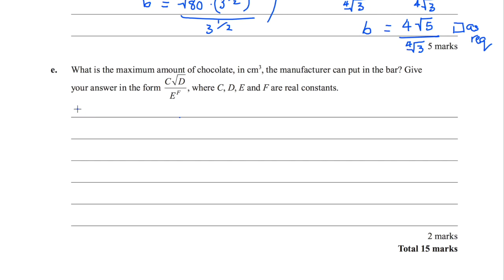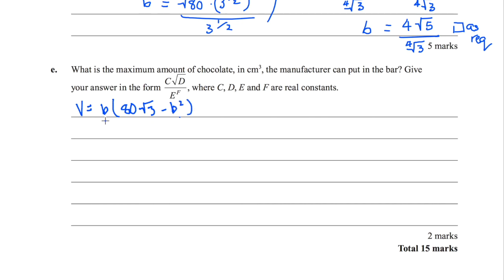Now the volume equation is complicated as it is, and it says v is equal to b times 80 root 3 minus b squared, all over 8. Essentially we're just substituting in the b value. I'm going to take this b out of the numerator just to make things easier.